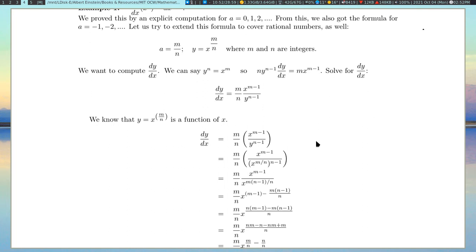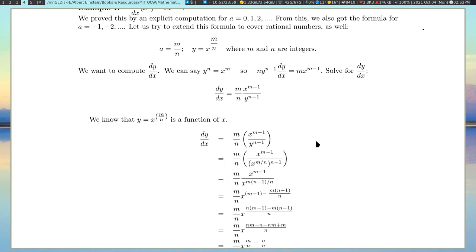And on the other side, we were differentiating with respect to x, so there was no problem. So after differentiating with the rule, we got m x raised to m minus 1. Right. That's spot on.